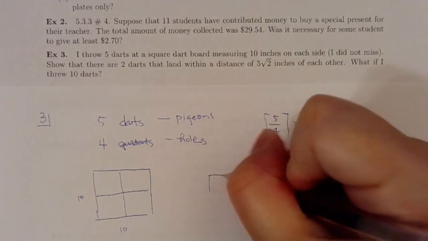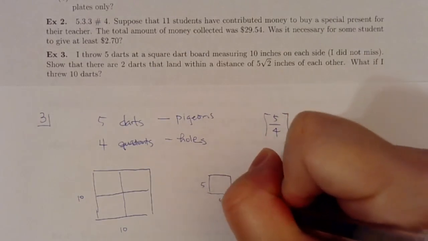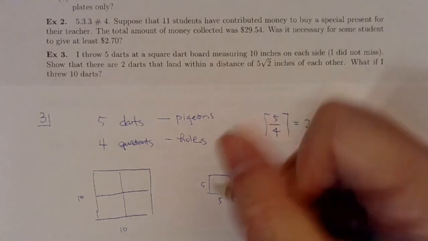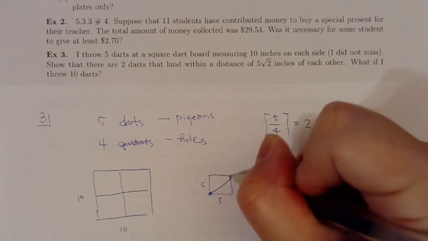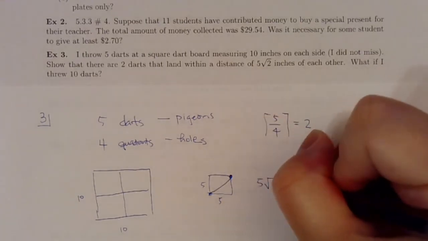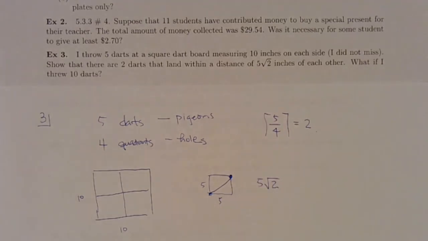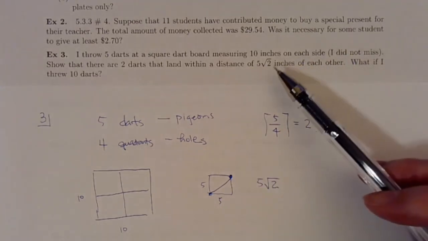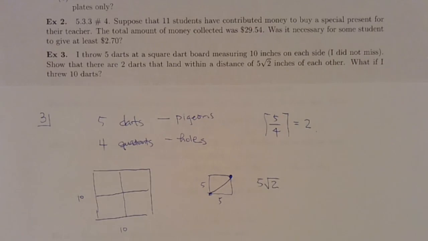Each quadrant is a 5 by 5 square, and the furthest distance away for 2 points on that square, by the Pythagorean theorem, is 5 square root 2, and that's the number that was given here. So that could have been a hint as well if you had thought about it backwards.